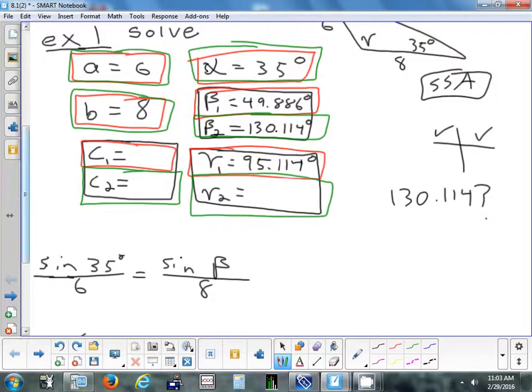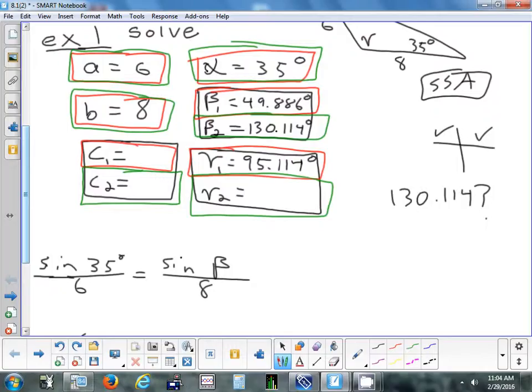Okay, now at this point, we could go find C1, or we could just finish up gamma 2 and get all our angles. Let's finish gamma 2. Okay, what two angles are we going to add up to find gamma 2? 35 and the 130. Yep, beta 2.